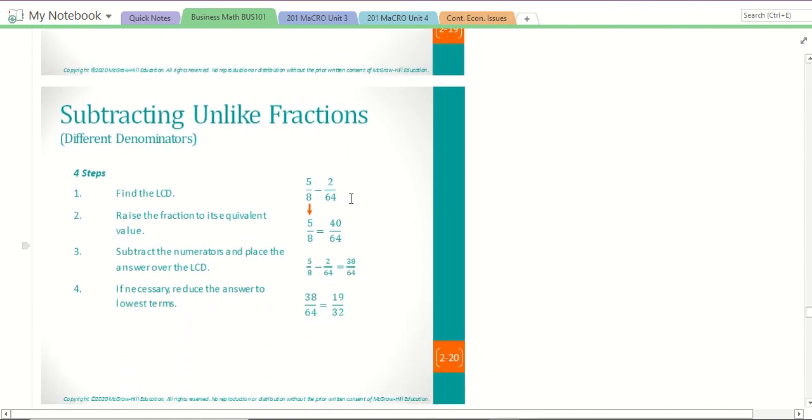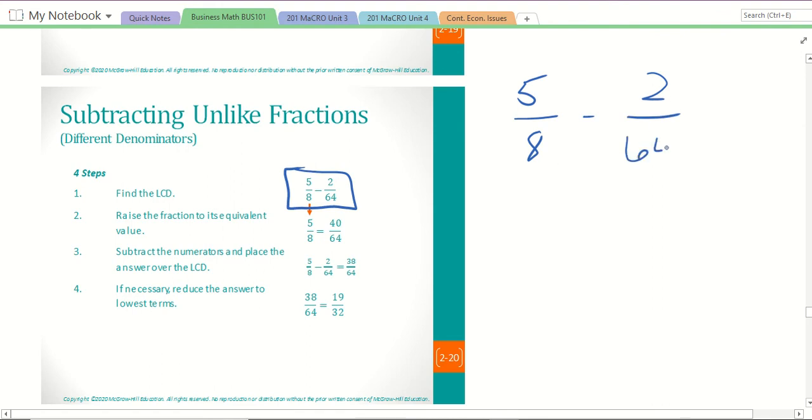All right, subtracting unlike fractions. Okay, again, it's the same thing. We basically are doing it just like we do with addition. We're just subtracting the numbers, right? So we have this equation, 5/8 minus 2 over 64.